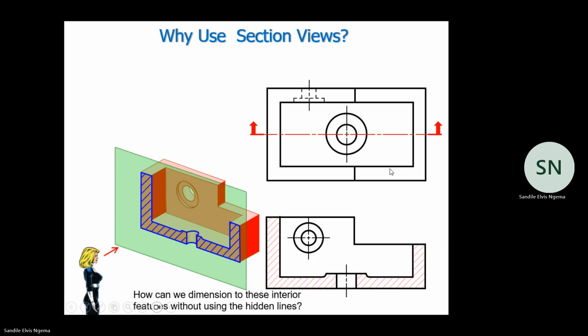And now we have drawn our sectional lines on our front view. These are sectional lines indicated in red on our front view. Okay, so this was just a simple demonstration of what happens when we speak of a sectional drawing.